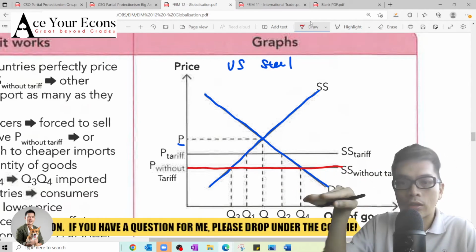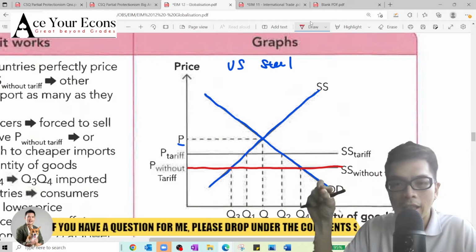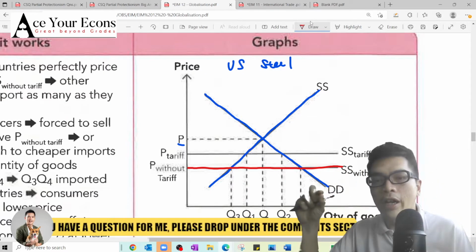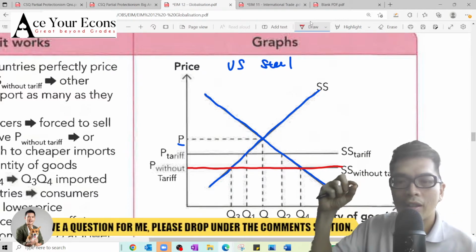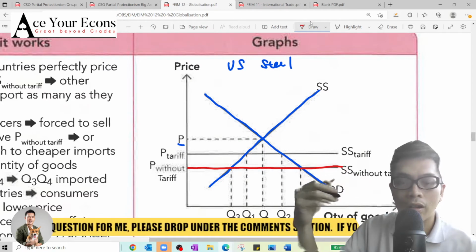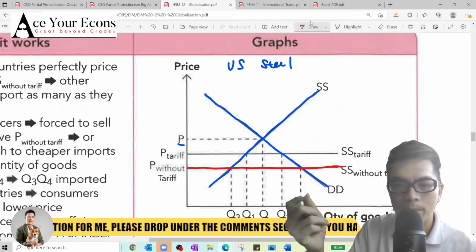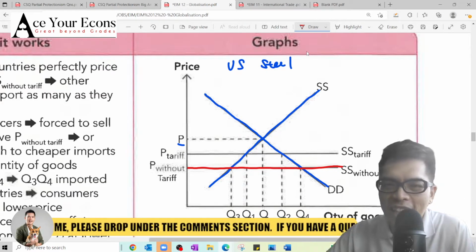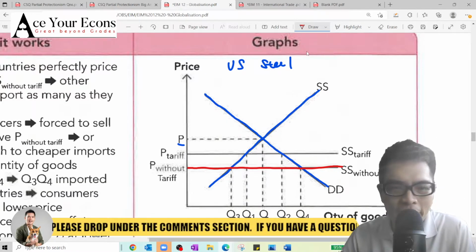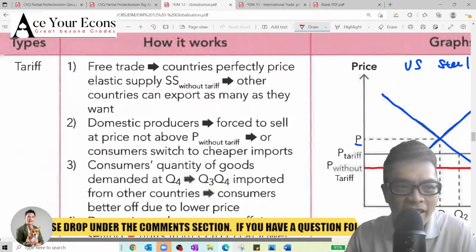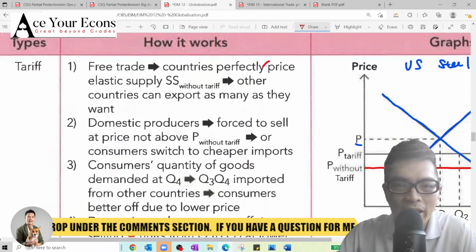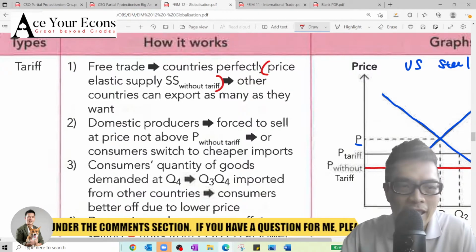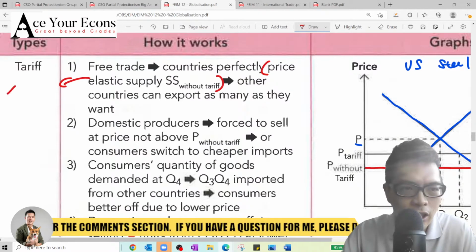When supply is perfectly elastic, it means that for every change in price, the quantity supplied changes. PES stands for price elasticity of supply. Let's look here again: perfectly price elastic. The assumption is that there is a sufficiently large number of inventories.